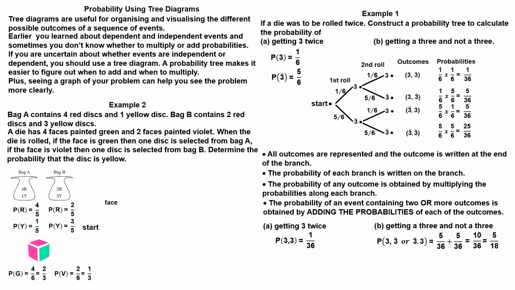There are 2 outcomes, green or violet. The probability of rolling a green is 2/3, and the probability of violet is 1/3.